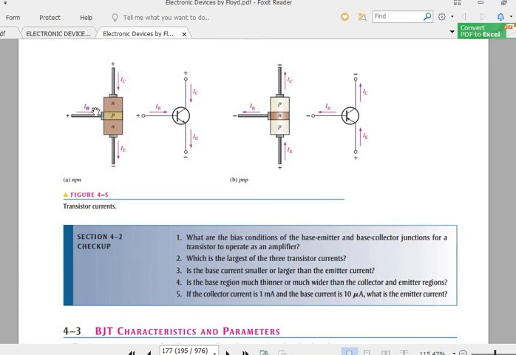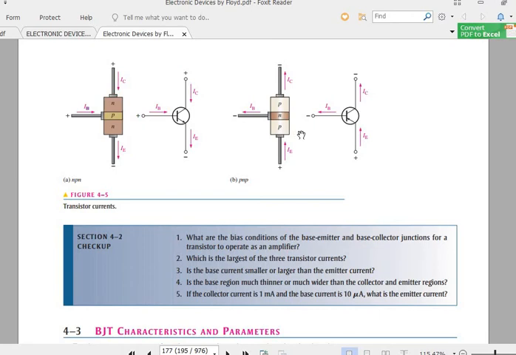Therefore, both the currents are recombining at the emitter terminal. So the schematic is given symbolically. This is the direction, the same directions are there.